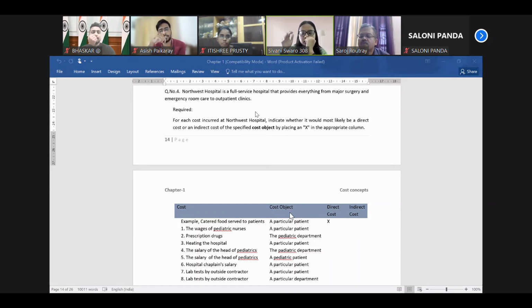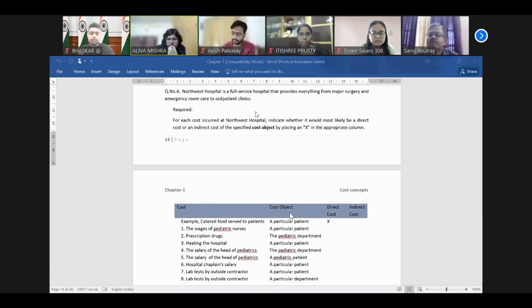That's why it is a direct cost. So prescription drugs means prescribed for individual patients. And if the patient belongs to the department, this cost also belongs to the department. All right. So we can identify it with the department. Right. So it's a direct cost.